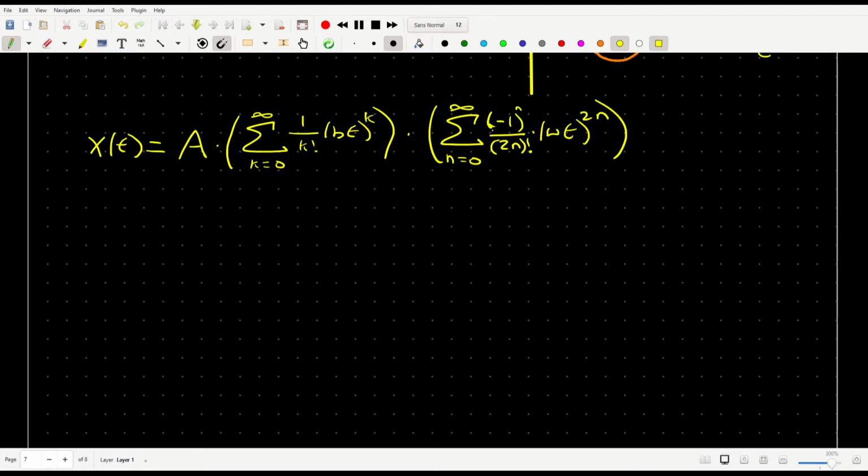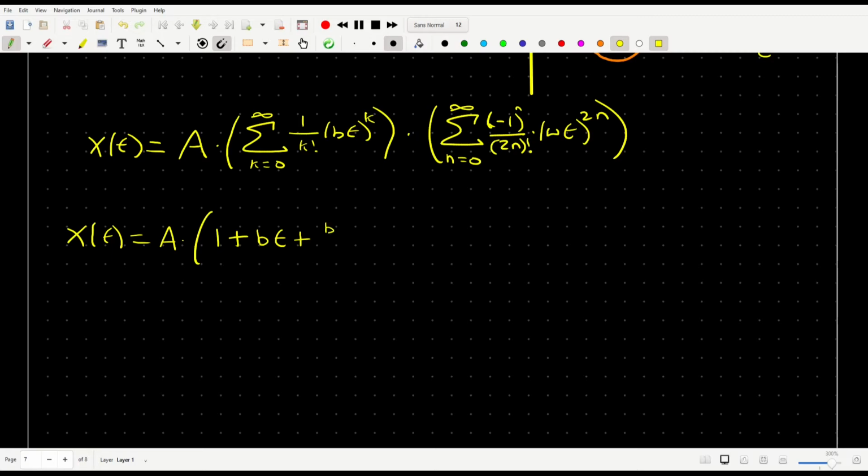And what's very neat here is that we can go through and re-express this as A times, this is going to be 1 over 0 factorial bt to the 0, so it'll be 1. The next term is going to be k equals 1, so this will just be b times t, plus the next term, which is k equals 2.